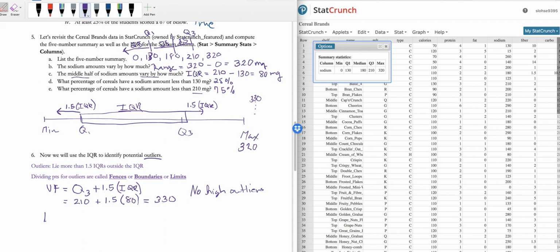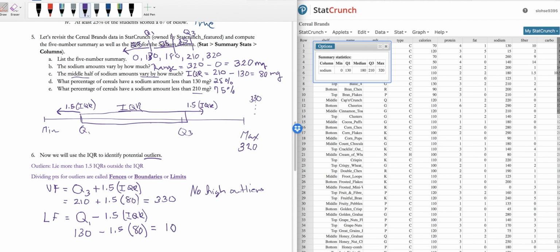All right, let's go ahead and calculate our lower fence. So this time we're starting on the lower end of the inner quartile range. We're going to start at Q1. We're going to subtract 1.5 times the inner quartile range. So Q1 is 130. We're subtracting 1.5 times 80, and we will come up with 10.